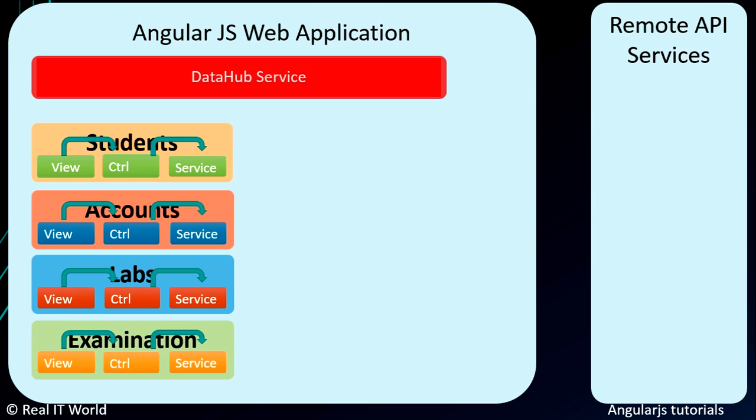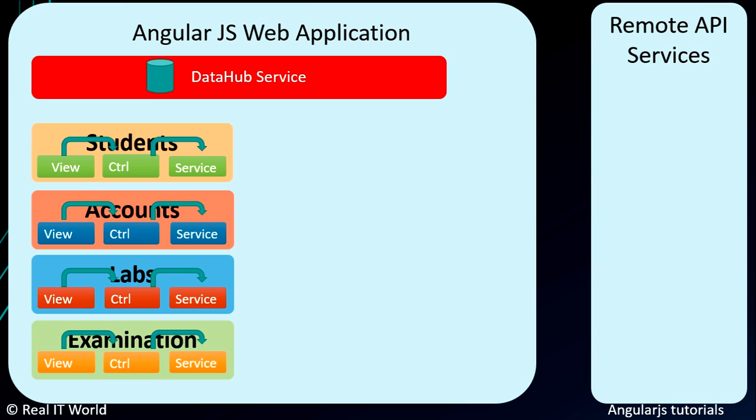And the data hub service is a local AngularJS service. This is going to store JavaScript objects. If you want to store logged-in user information, you need some JavaScript object. We are going to create a data hub service, which will hold all the data for your application.